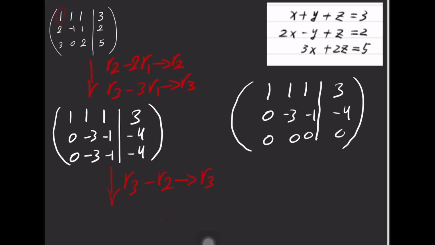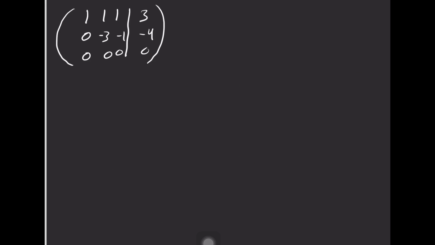Now, let's make the pivot in row 2 a 1. Currently, as we can see, it's -3, so we'll divide the entire row by -3. So let me copy this in a new page. And the row operation we're gonna perform here is, as we mentioned, we're gonna divide the entire row by -3.